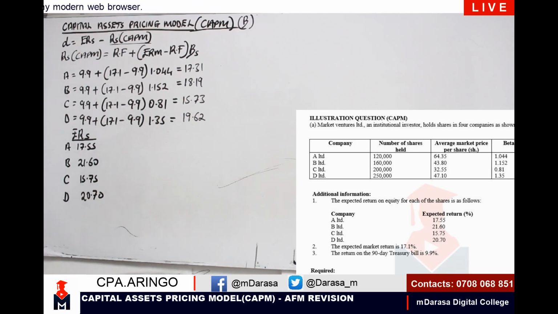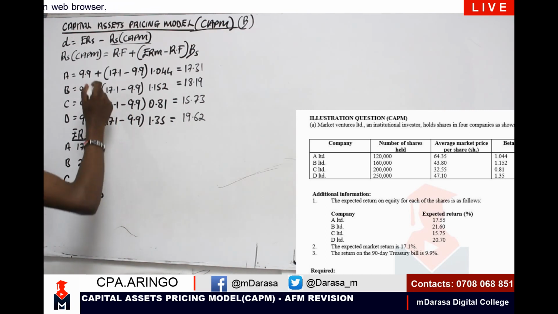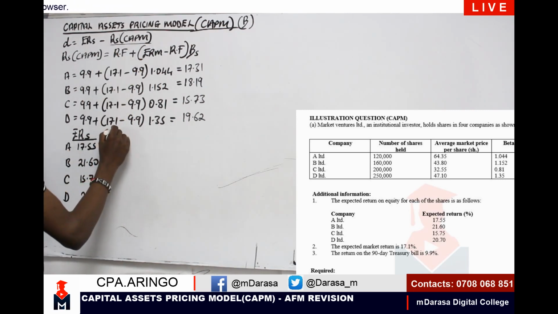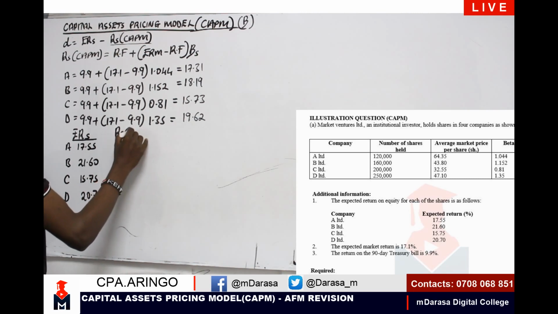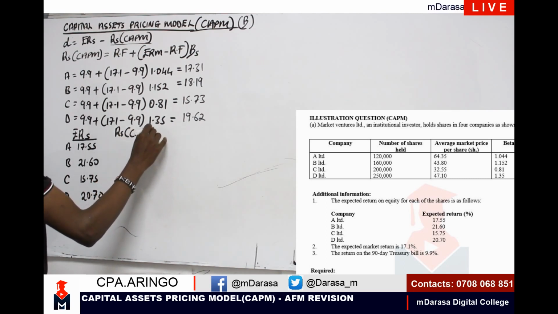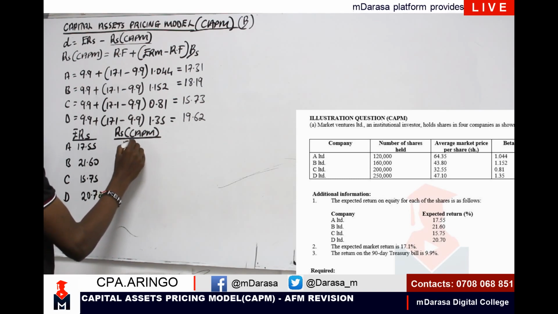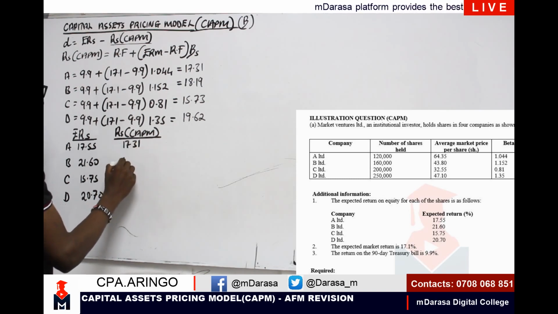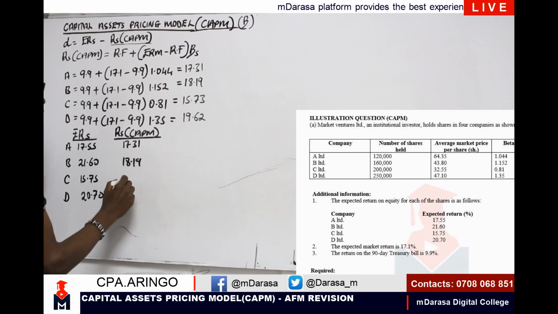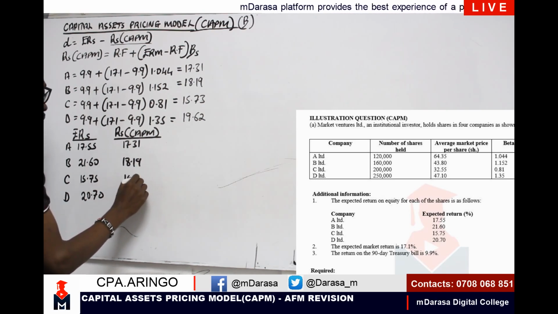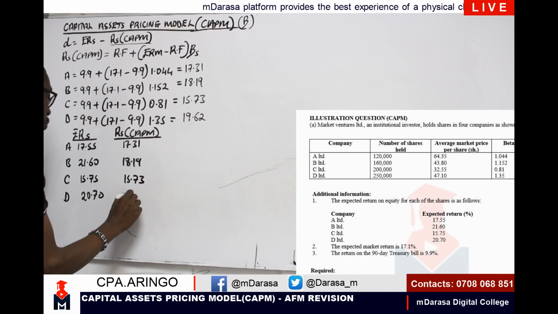We have determined our CAPM returns here: 17.31, 18.19, 15.73, and 19.62.